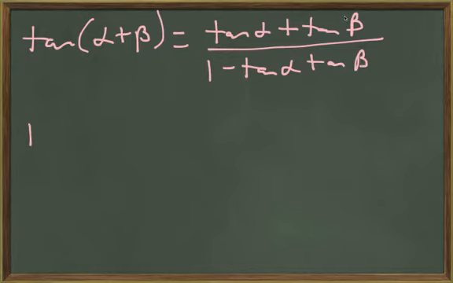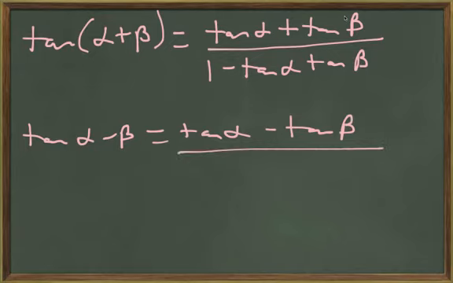Okay, and if we have our tangent of alpha minus beta, we have tangent alpha minus tangent beta all over 1 plus tangent alpha tangent beta.